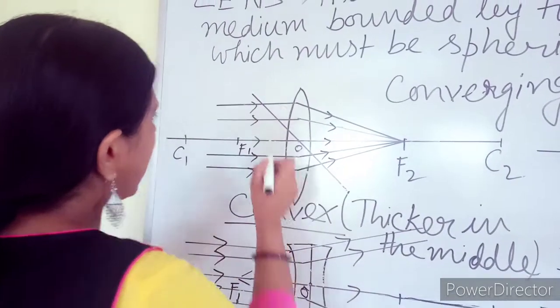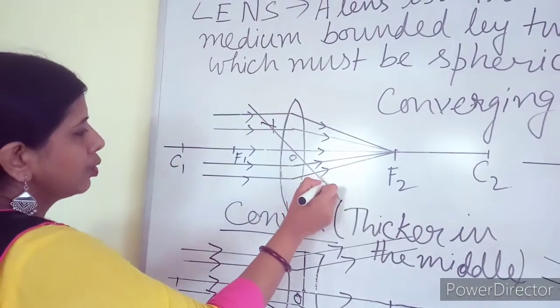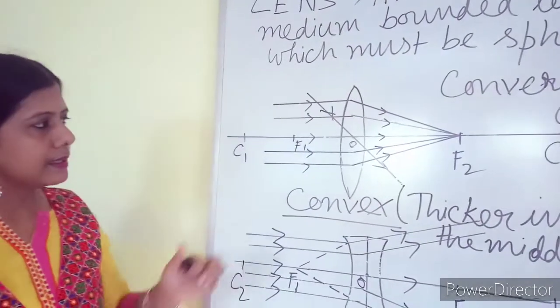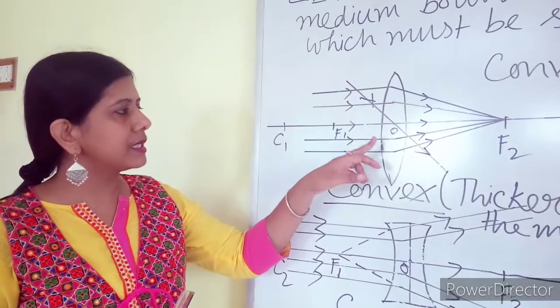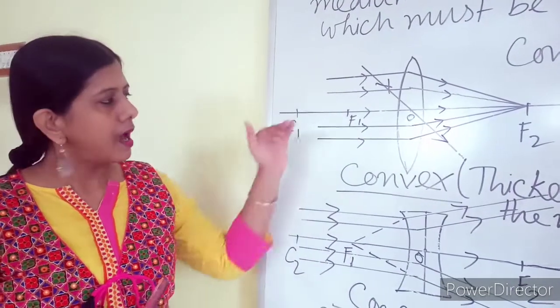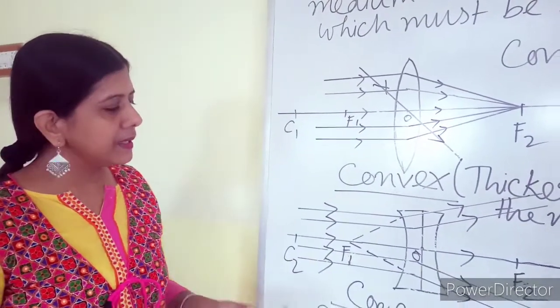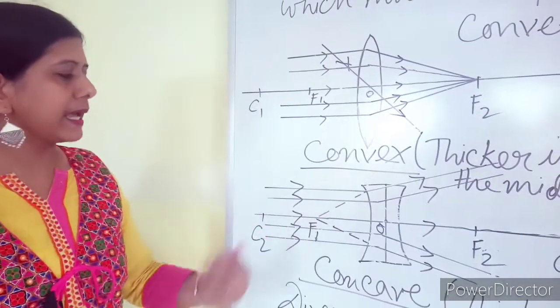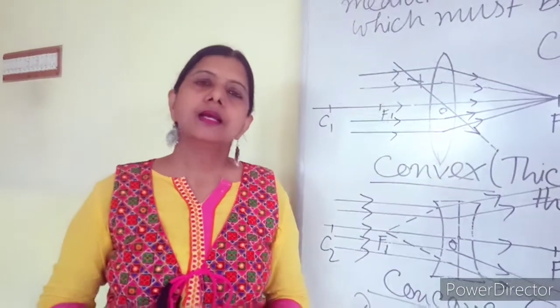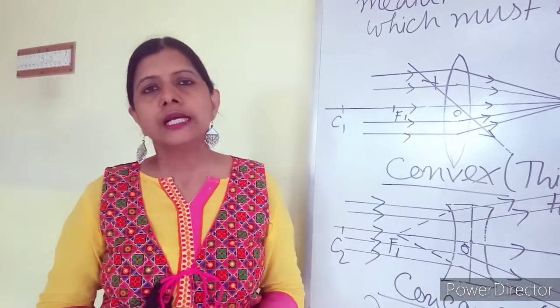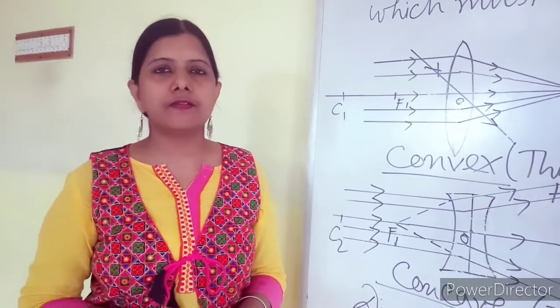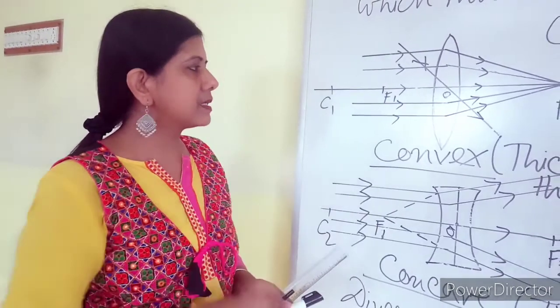It will pass as it is without any deviation. That point is known as the optical center through which there is no deviation of light. Similarly, in this lens also it is the same thing: a point through which if light rays pass, there will be no bending, no deviation. This is my first term.